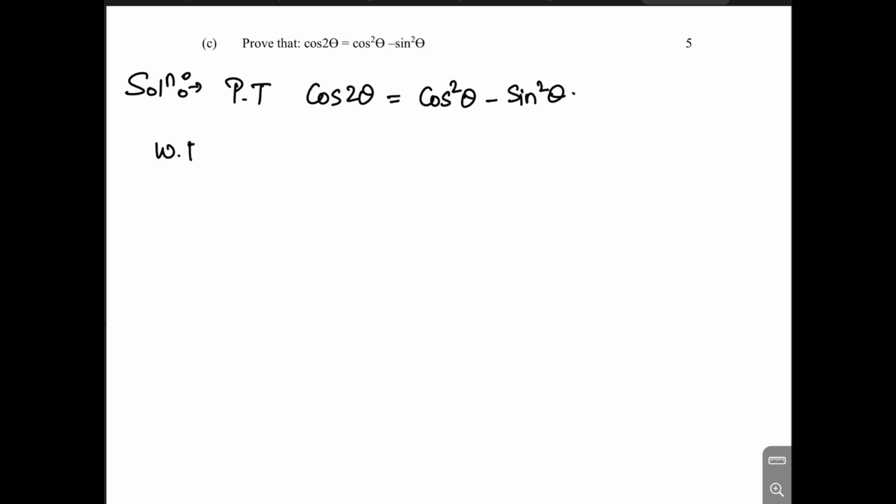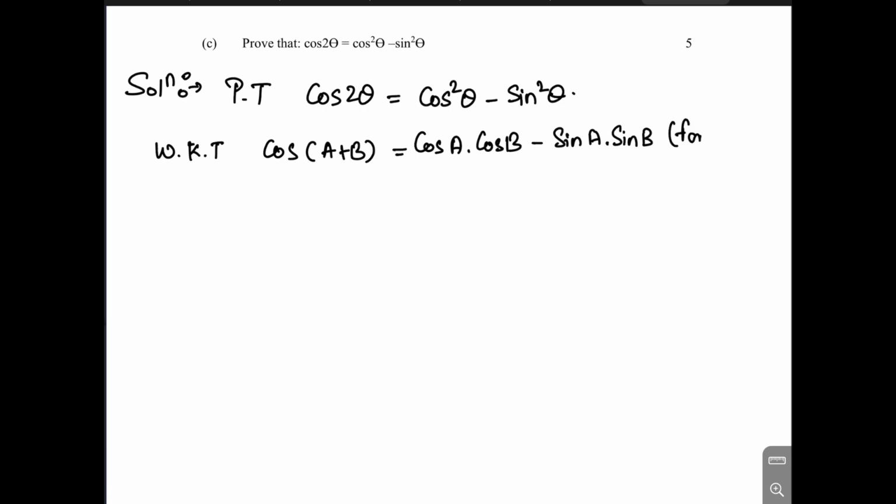We know that cos(a plus b) equals cos a into cos b minus sin a into sin b. This is the formula. So here we need to put a equals theta and b equals theta in the formula.